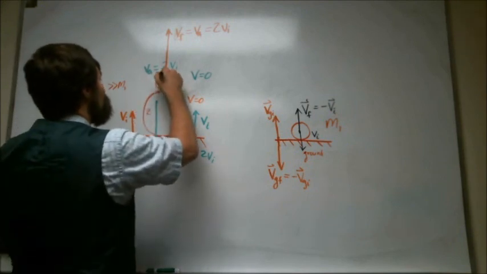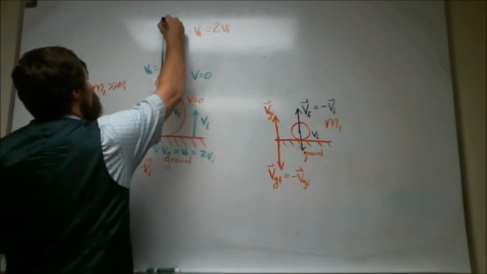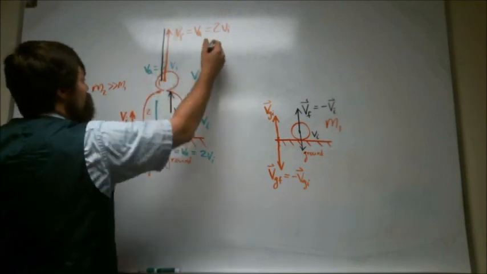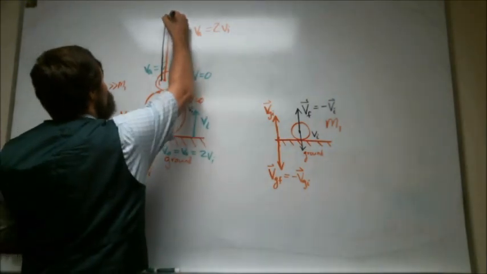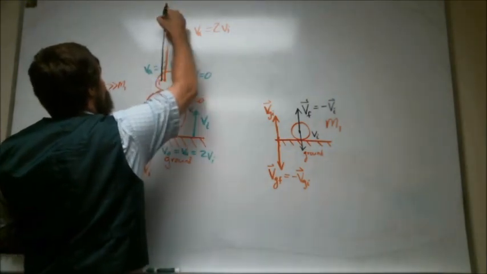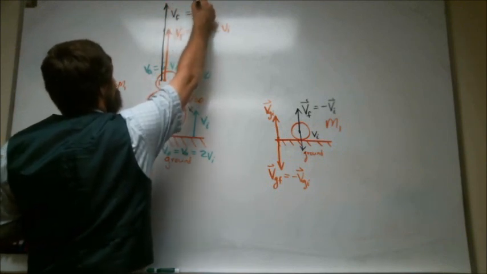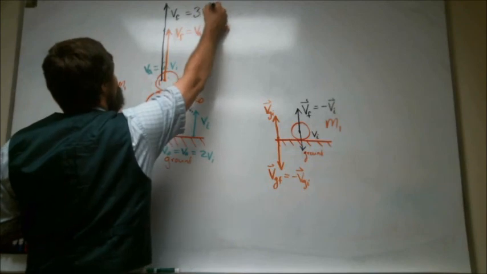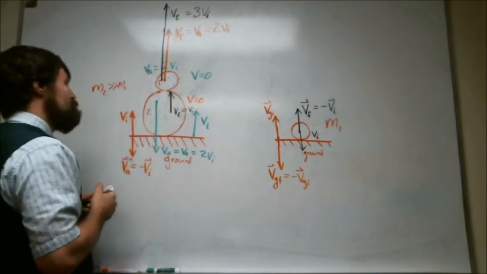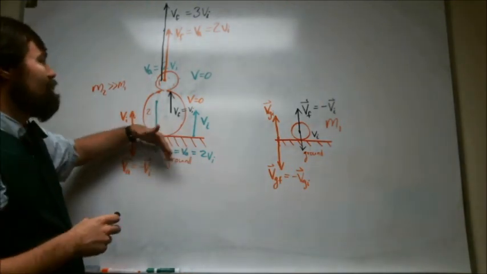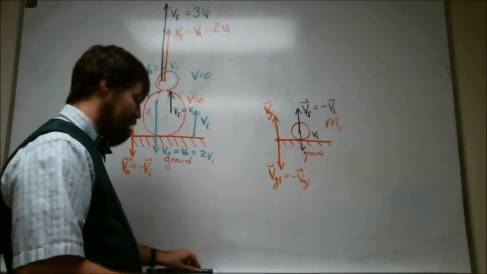So from the perspective of the ground, ball number 1 has 2vi plus another vi. So v final is going to look like 3 v initial. Okay, and similarly, if you wanted to know what the ground looks like it's doing from ball 1's perspective, it'll look like it's falling away with 3 times the initial speed.